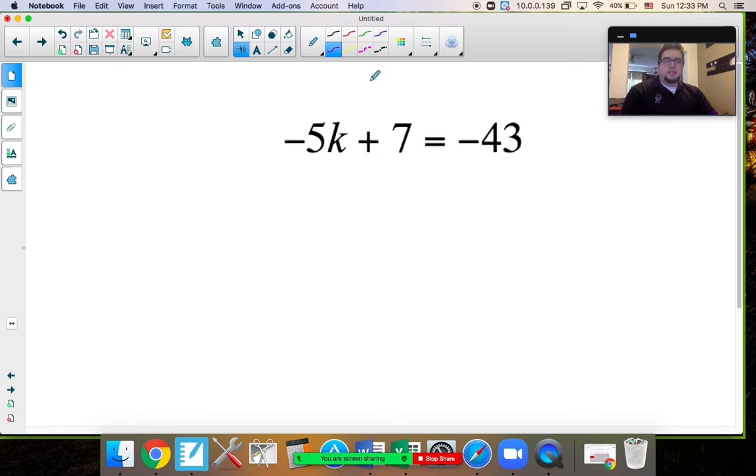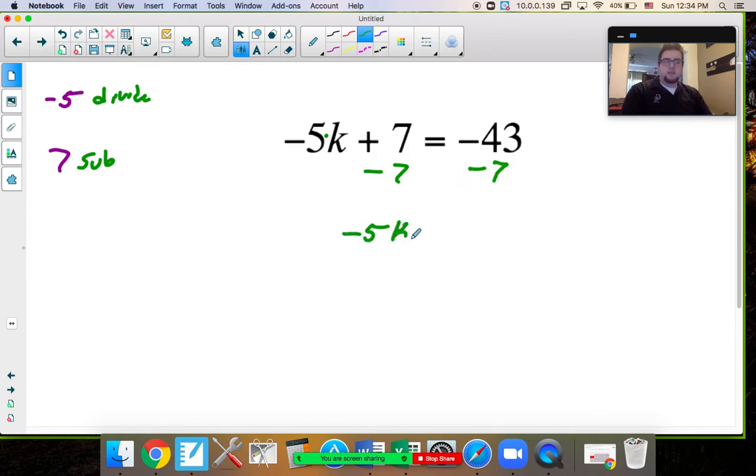Now we have one that doesn't have any division in it. Our variable is on the left. So we're going to move the negative 5 and we're going to have to move the 7. The negative 5 we're going to divide, and the 7 we're going to subtract. 7 is further from the variable than the 5, so we subtract 7 from both sides.